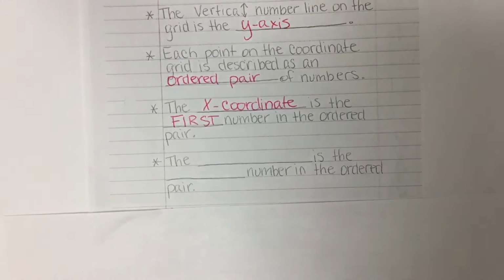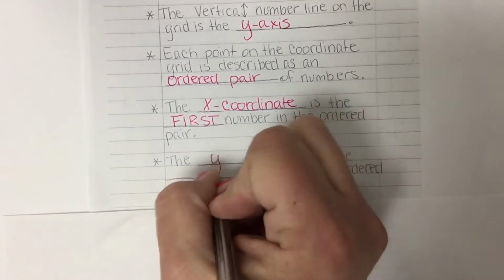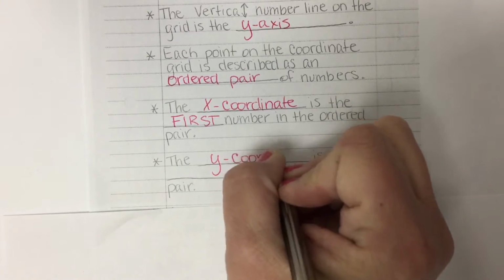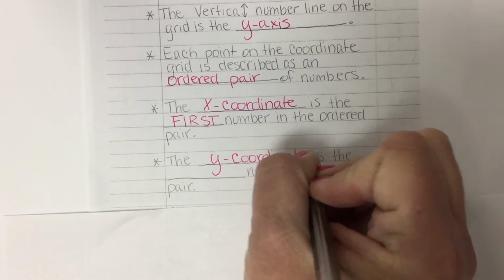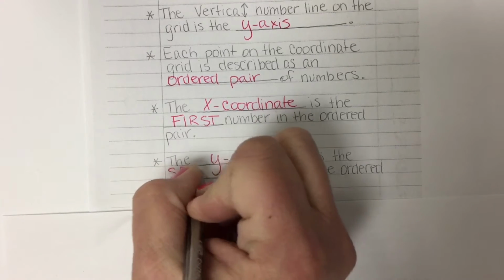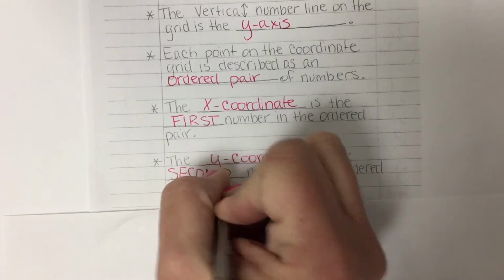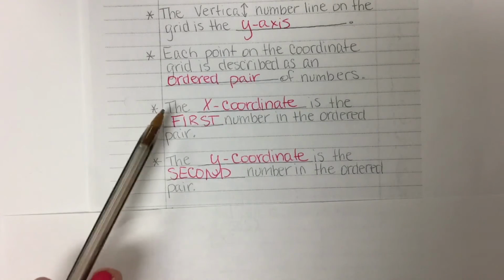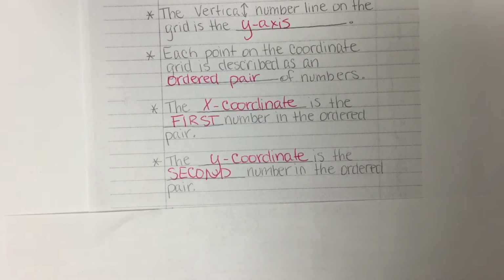So that means the y-coordinate is the second number in the ordered pair. If you think about it, when you're saying the alphabet, it's X, Y, Z, so X is first, Y is second.